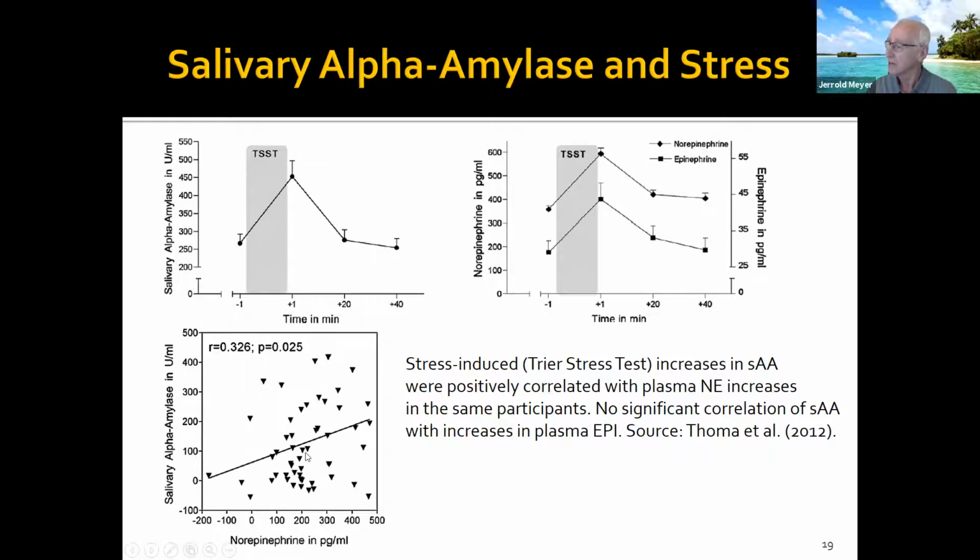What this shows is that there's a modest but significant correlation between amylase and norepinephrine. There was no significant correlation with epinephrine. And that's okay, because again, keep in mind that the norepinephrine is mostly from the sympathetic nerve endings, spillover, remember? Whereas the epinephrine is mostly from the adrenal medulla itself. So this is by no means perfect. We'd love this to be higher, but it is significantly correlated, and it's correlated with the right marker, the one that we would prefer, namely the one of sympathetic activation.